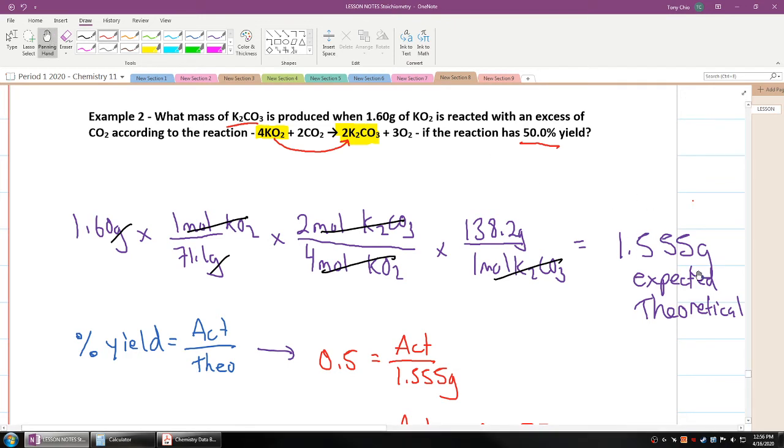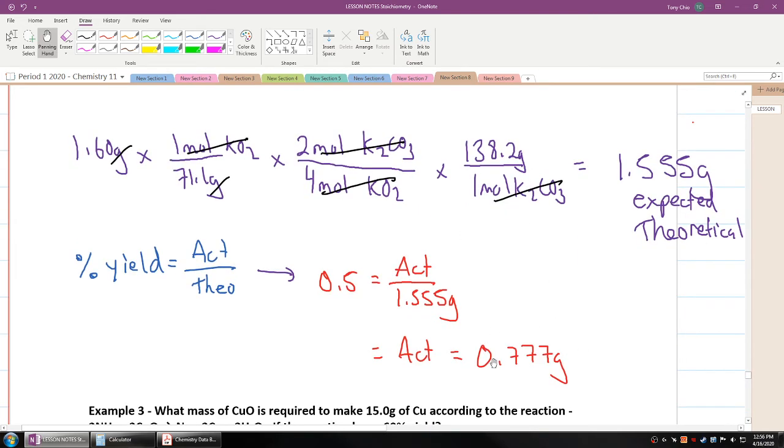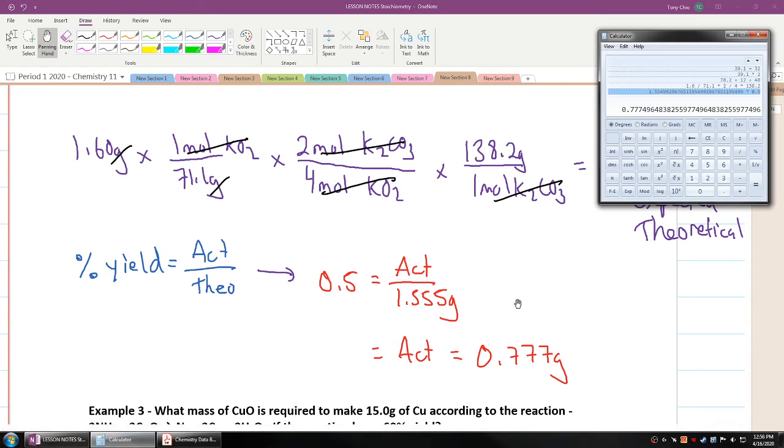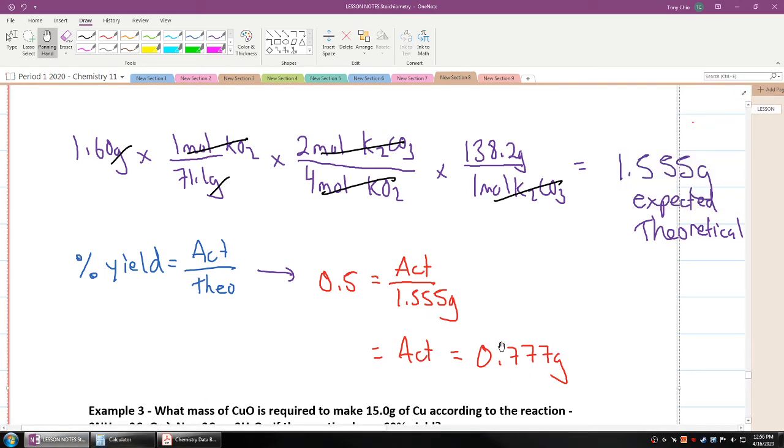I won't actually produce 1.555 grams because this thing has a 50% yield. If it had 100% yield, then you would have produced 1.555 grams of K2Cl3. Because it only has a 50% yield, you only produce 0.777 grams.